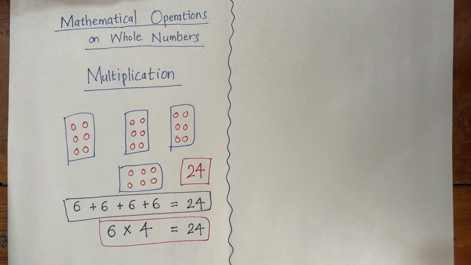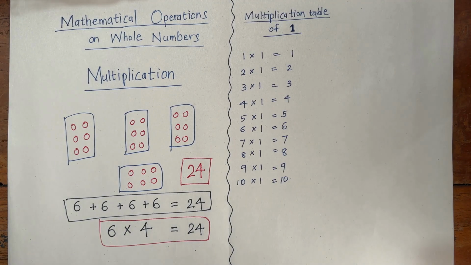So listen carefully. Actually, when we do multiplication, we have to remember the multiplication tables. Okay, now what are multiplication tables? Let me show you. Okay, now this is the multiplication table of 1.